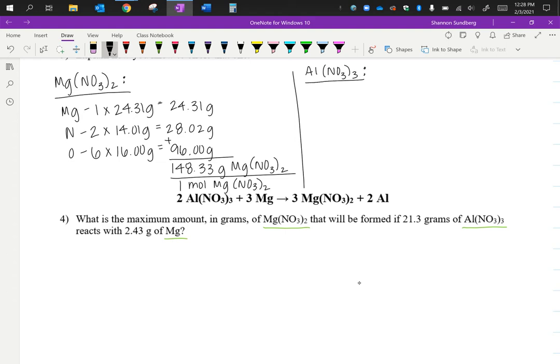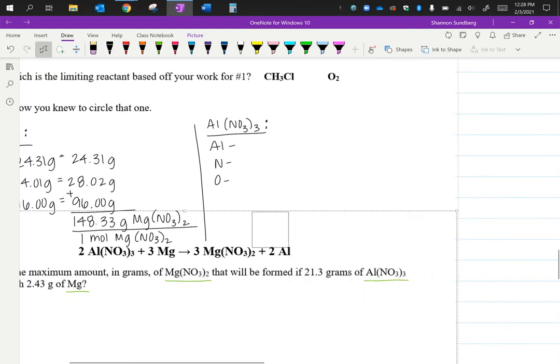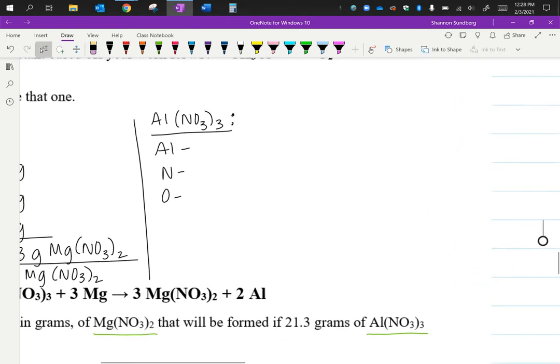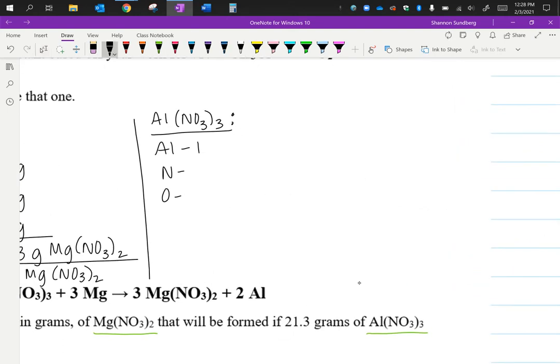So write out what you see: aluminum, nitrogen, and oxygen. Then write out how many are there. So there's 1 aluminum. Take that 3 and distribute it in. There's 3 nitrogen. And then 3 times 3 is 9 oxygens. Get your mass from your periodic table. Aluminum is 26.98. Nitrogen, again, 14.01. Oxygen, again, is 16. Multiply across.